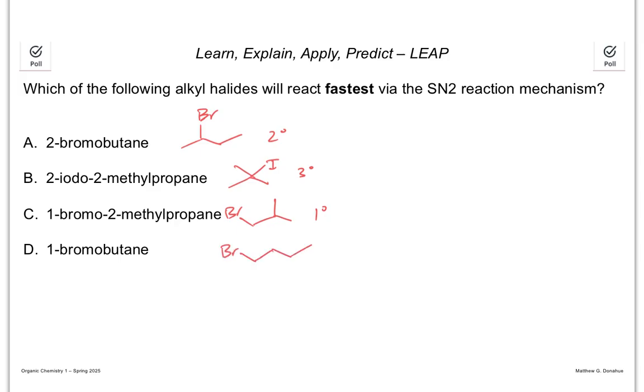And then 1-bromobutane, that's primary. So tertiary is going to be the slowest.